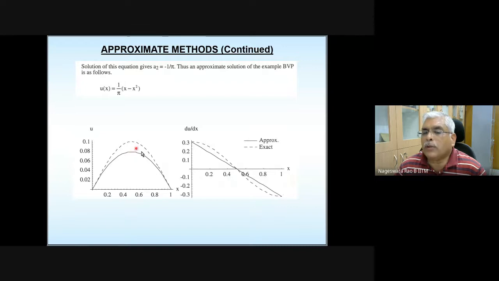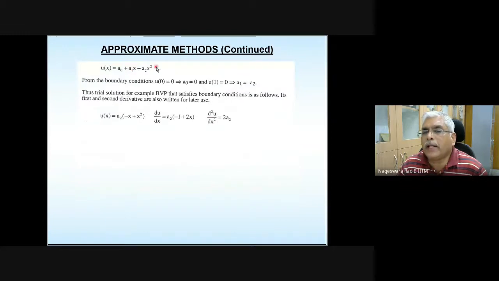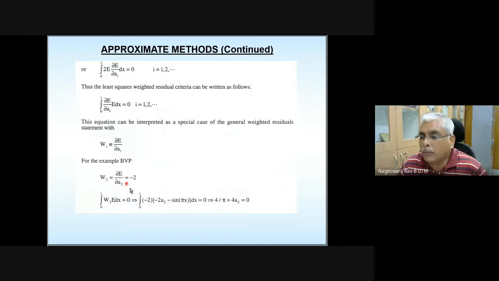How to improve this solution? I am not satisfied with this kind of error. I'm going to start with a cubic trial solution. If I start with a cubic trial solution, I may end up determining more coefficients. And instead of solving one equation, I may end up solving two equations. So effort is increased.